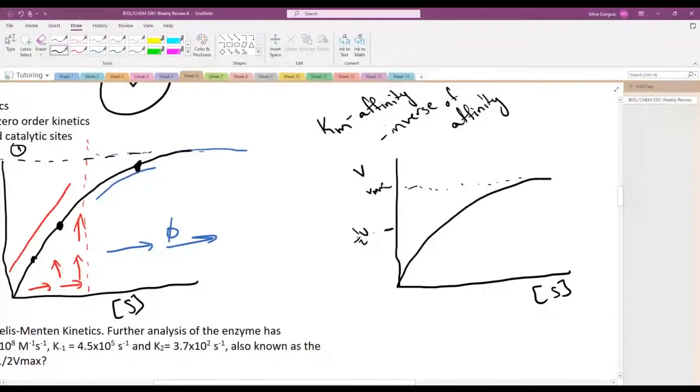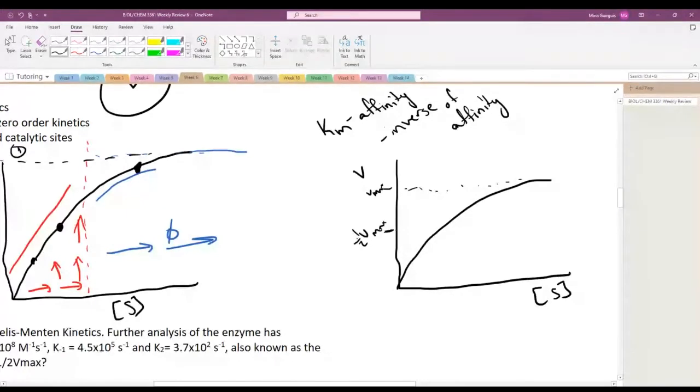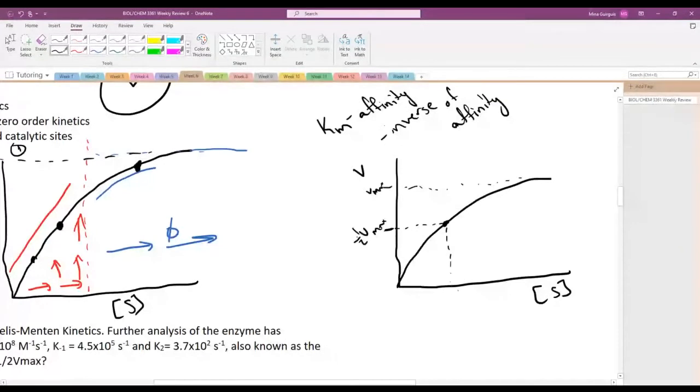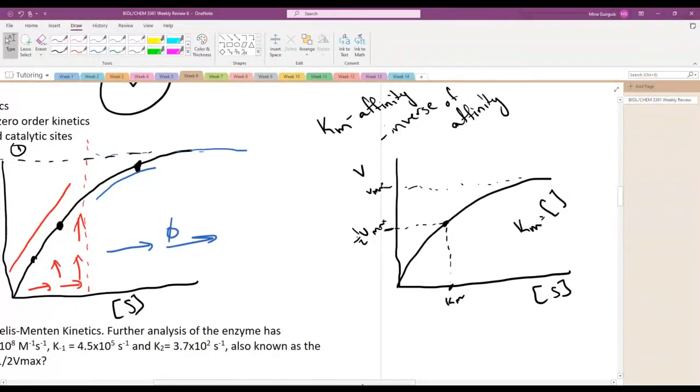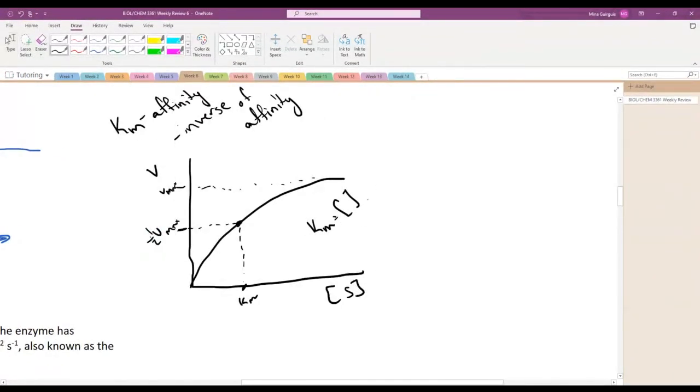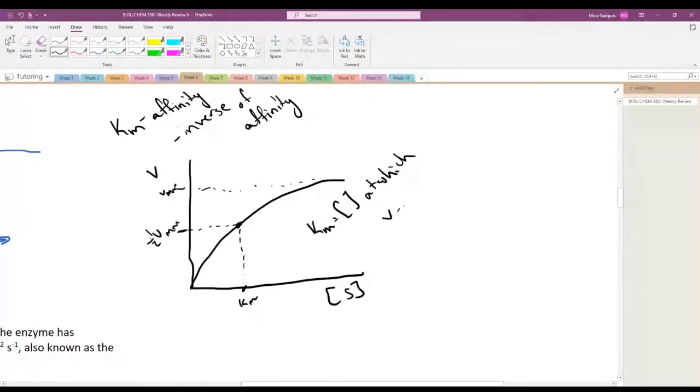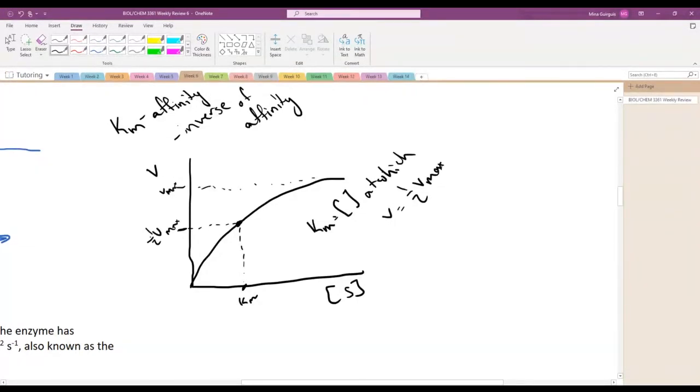So 1/2 Vmax, draw that dotted line, goes to here. This is Km. So Km equals the concentration at which V equals 1/2 Vmax. Okay, that's the formal definition.